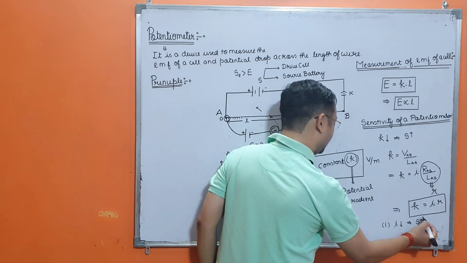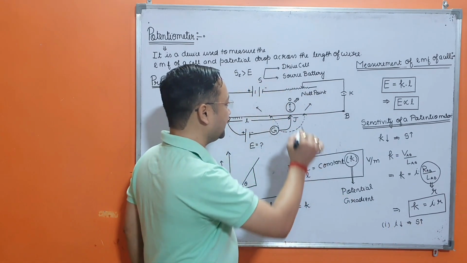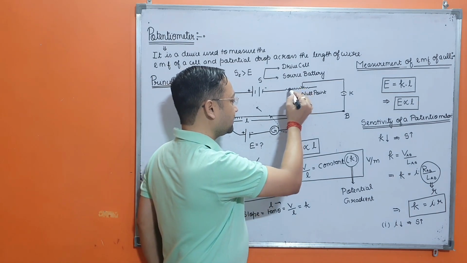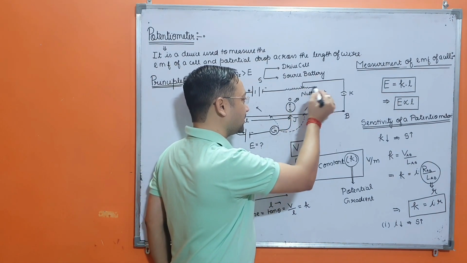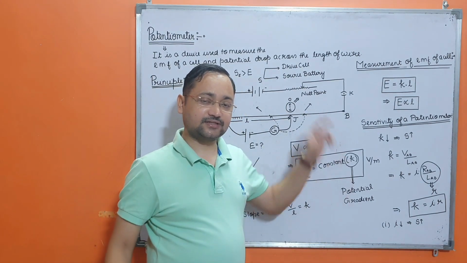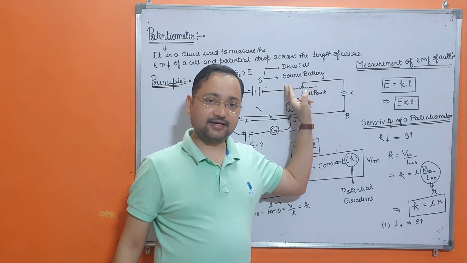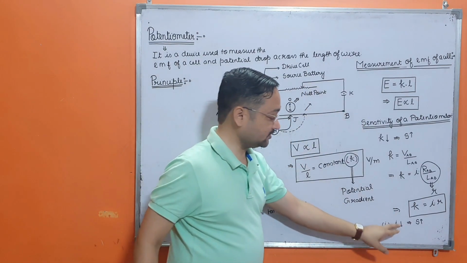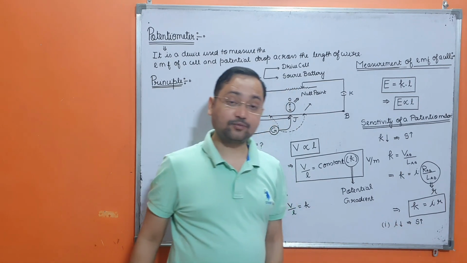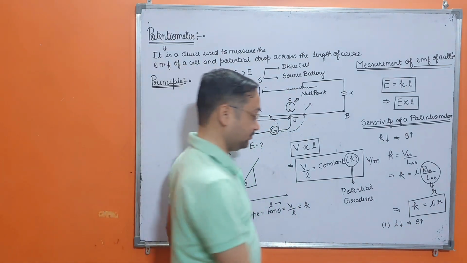So here I have connected 1000 ohm. The purpose of connecting this heavy resistance is to reduce the current so that the sensitivity of the potentiometer can be improved.